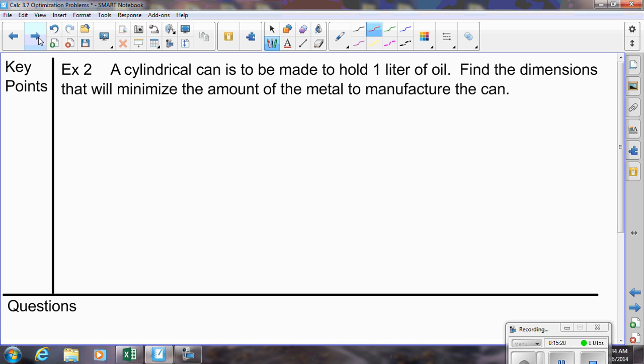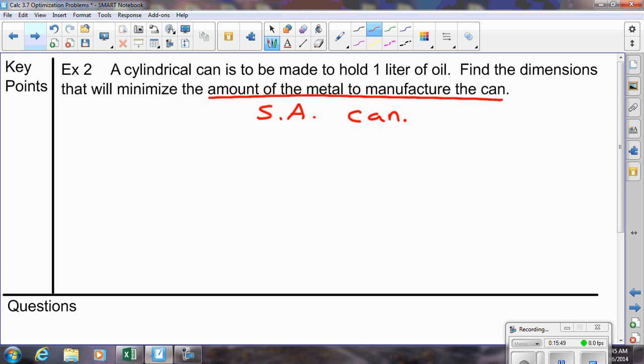We want to use less metal, and if you're talking about the metal that's used to make the can, you're talking about basically the shell of the can. That shell is surface area. To understand the problem, we have to recognize that this piece is talking about the surface area of our can, or the surface area of a cylinder.